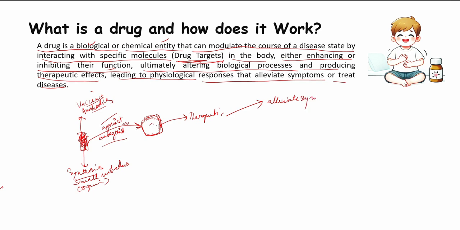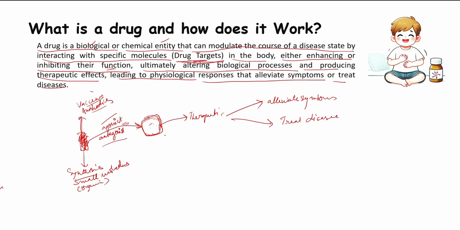If it inhibits the function of the drug target, it's called the antagonist. And due to the modulation of the drug target, it can result in a therapeutic effect, leading to alleviation of the symptoms or sometimes the complete treatment of the disease, right?